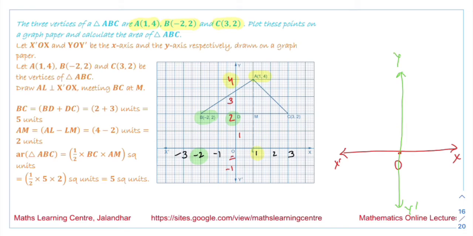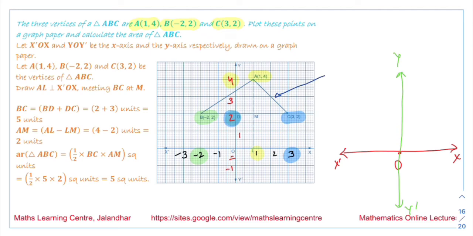We get the point B, minus 2 comma 2. And then the last point is 3 comma 2. On the x-axis it is 3, on the y-axis it is 2, so we get point C as 3 comma 2. Now we join all these points and we obtain this triangle. This is the required triangle.